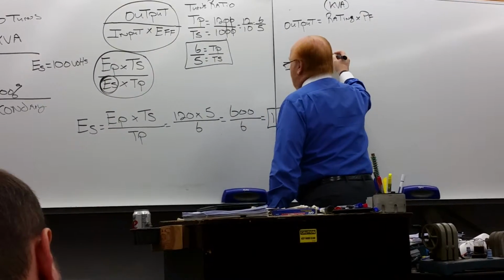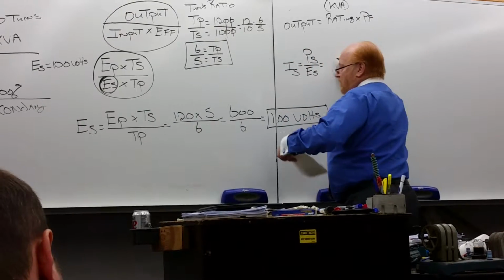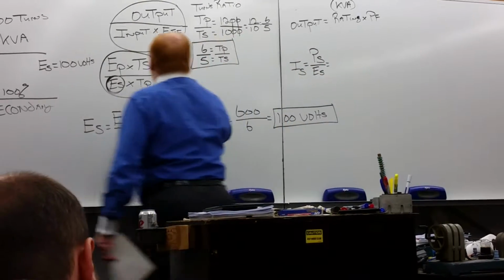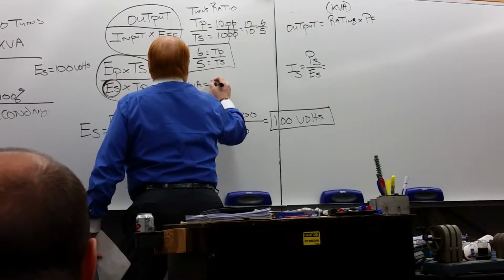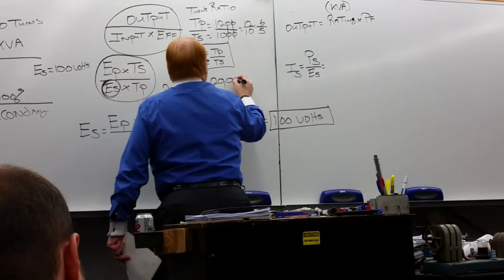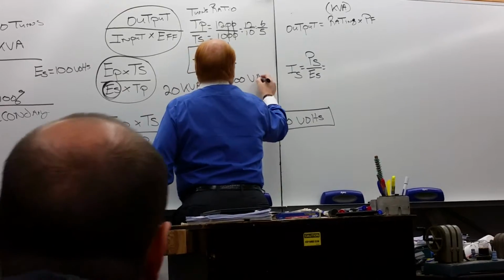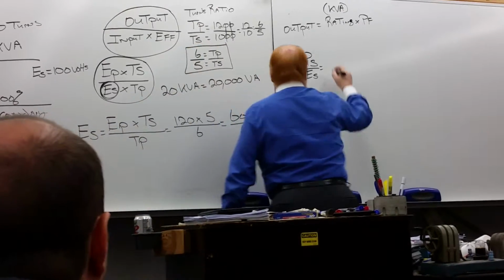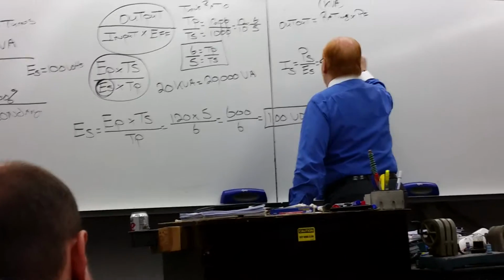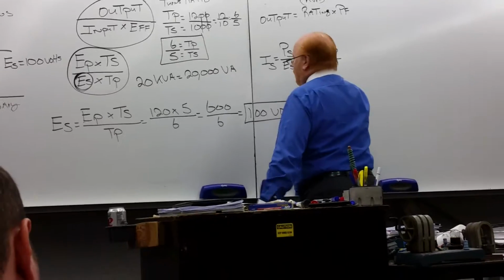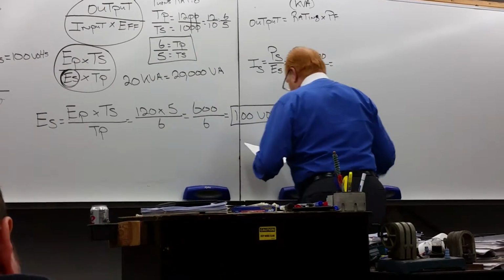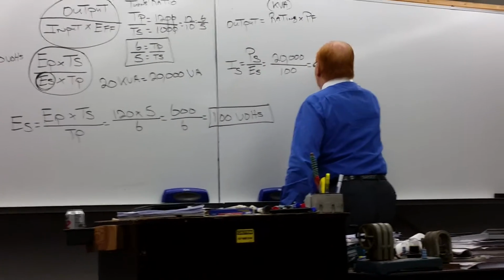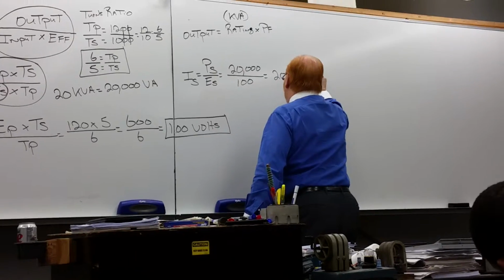My power on my secondary side was 20 kVA, and 20 kVA equals 20,000 volt amps. Or in this case, it's 20,000 over 100 volts, which is going to give me an amperage of 200 amps.